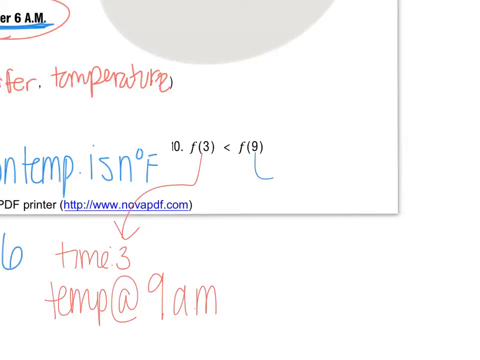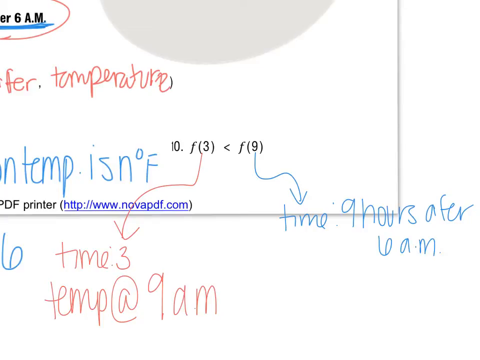On the right side, this is our time that is 9 hours after 6 a.m. So 6 a.m. to noon was 6 hours. 3 hours later would be 3 p.m. So this right side is our temp at 3 p.m.